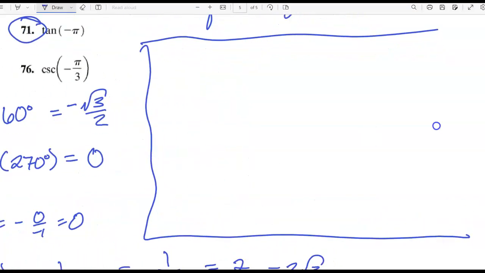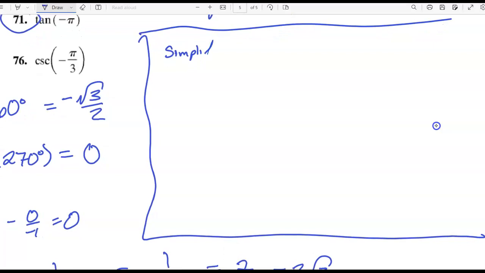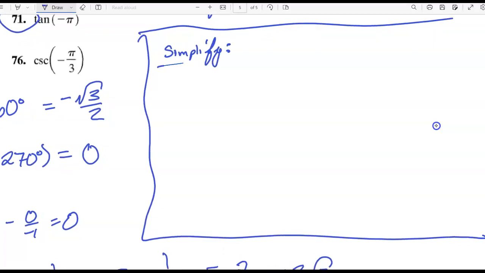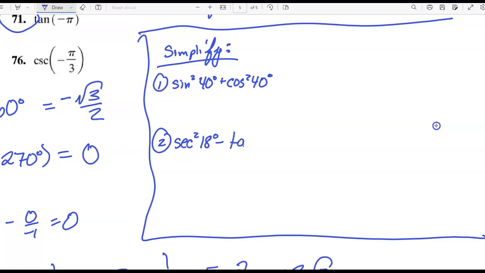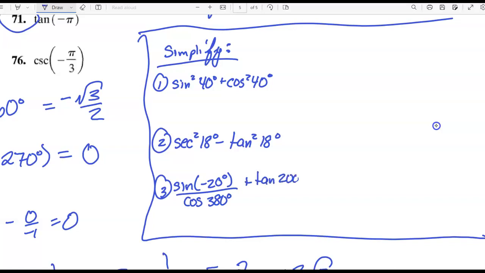What if we were looking for something like simplify sine squared 40 plus cosine squared 40, and then maybe secant squared 18 minus tangent squared 18, and then this last one, negative sine 20 over cosine of 380 plus tangent 200.